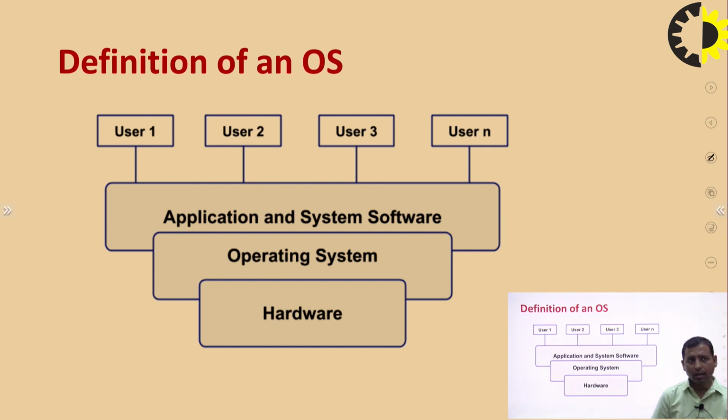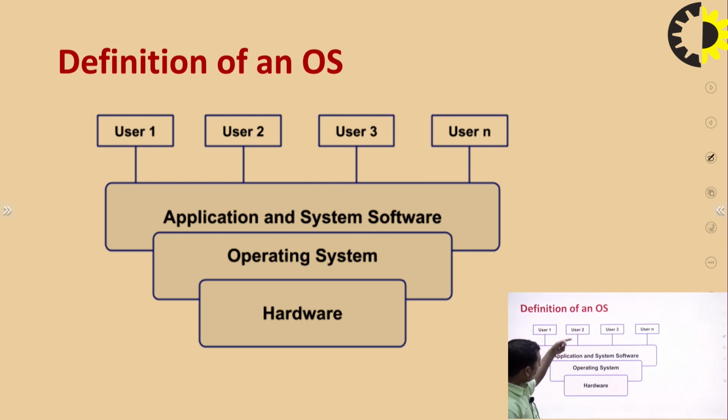And this is the figure which depicts the operating system. Operating system is in between the hardware and the application and system software programs. So the operating system directly interacts with the hardware. We are not going to directly interact with the hardware.